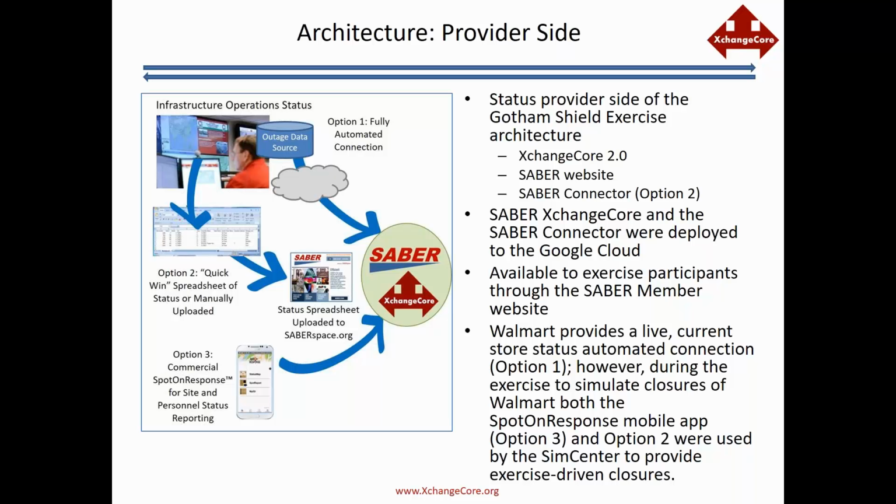For the Gotham Shield exercise, SABER is always running. So it's an XchangeCore 2.0, the SABER website. The SABER connector is most often used in exercises because it gives us the ability, in the Sim Center, to go down and modify the closure information to support the exercise that's going on.